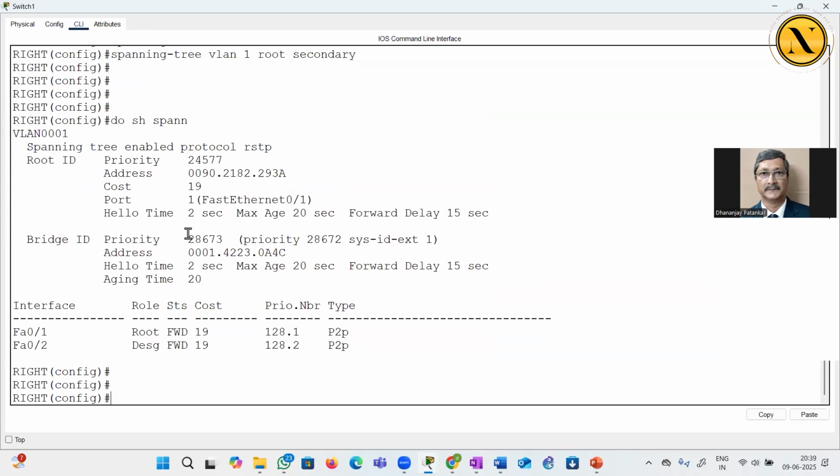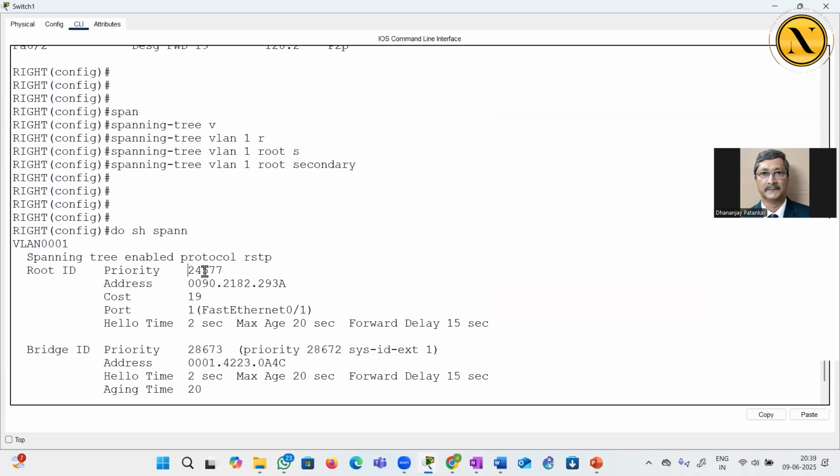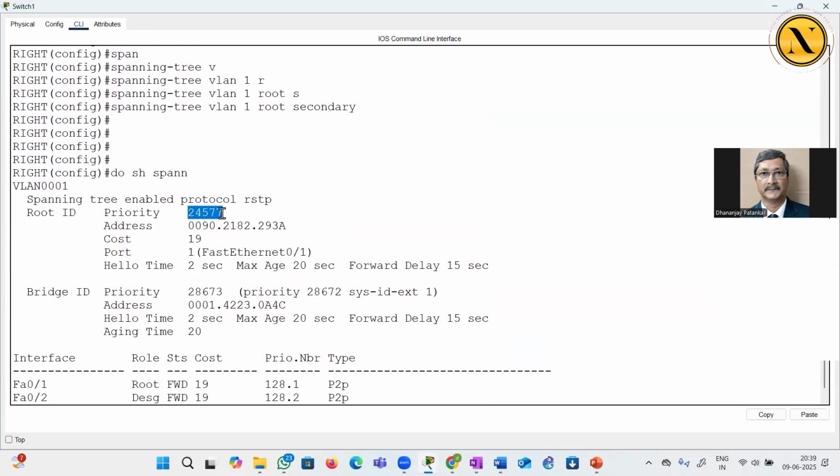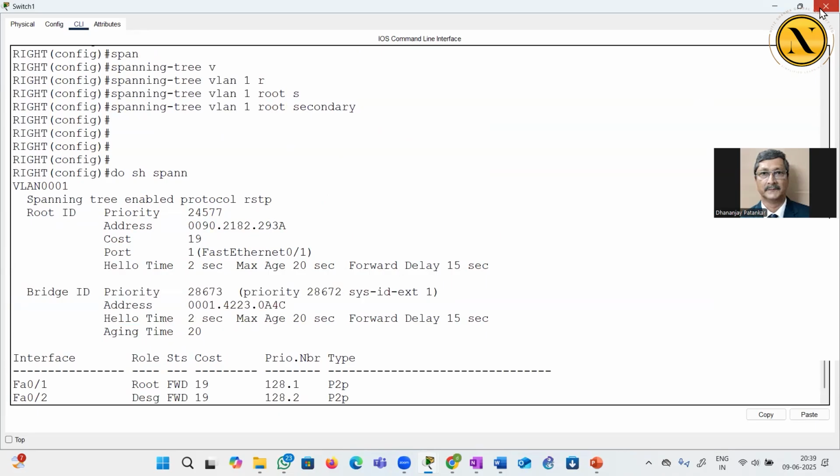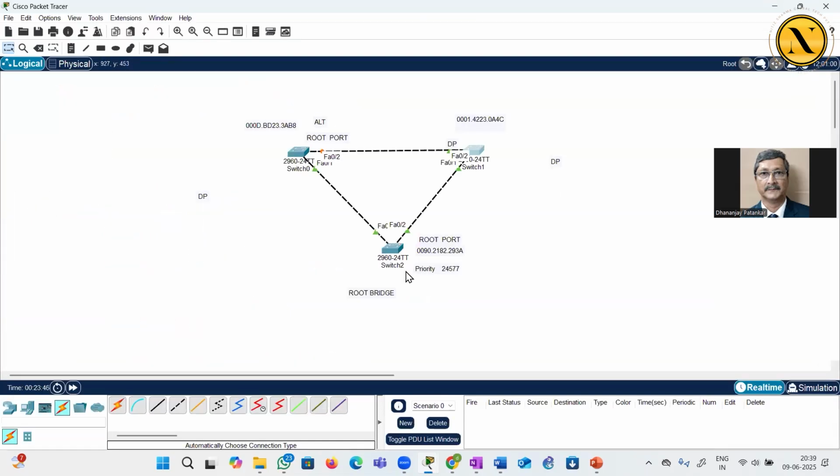Now my priority has become the root bridge priority of 24,577 plus 4,096, so it is now 28,000-something, 28,673. Understood? So if the root bridge dies, the bottom one, I'll be forwarding all traffic for VLAN 1. So this is primary for VLAN 1, this is secondary for VLAN 1. Understood?